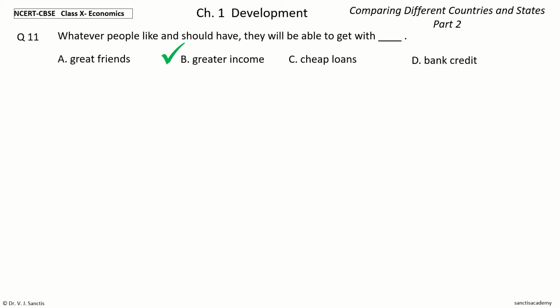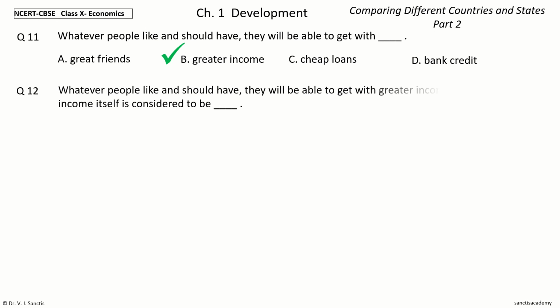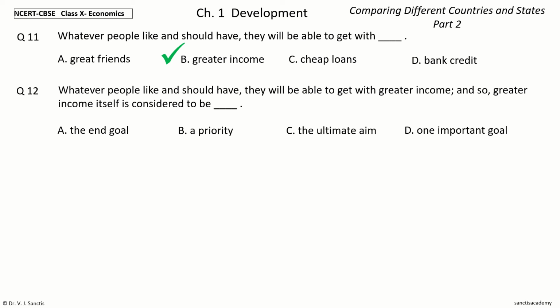Last question, question 12. Whatever people like and should have, they will be able to get with greater income, and so greater income itself is considered to be dash. The options are the end goal, a priority, the ultimate aim, one important goal.